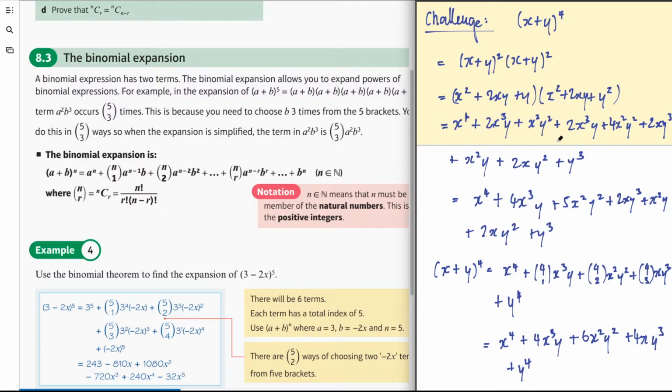Okay, so I'm still trying to see where I went wrong here. This is 4x x cubed y. Why am I getting 5x squared? That should be 6.